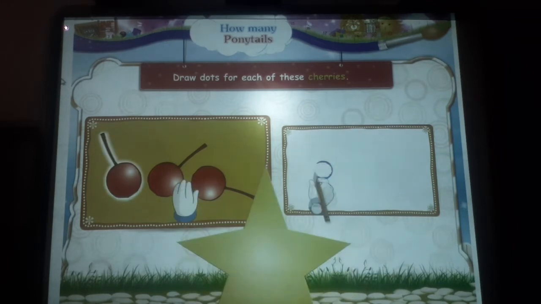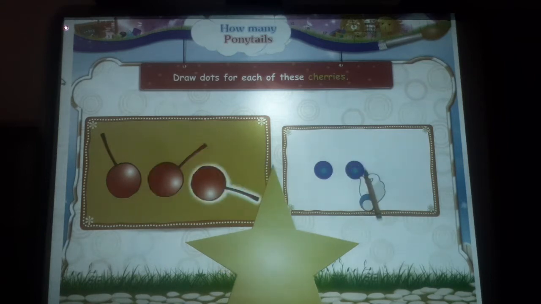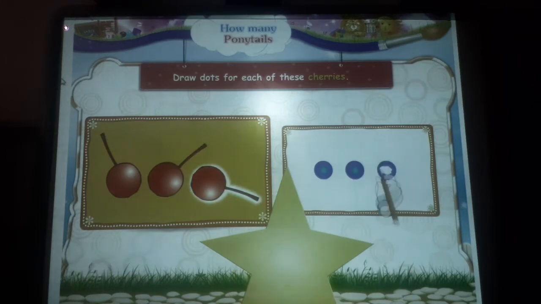Here we draw a dot for this cherry, a dot for this cherry, and a dot for this cherry.